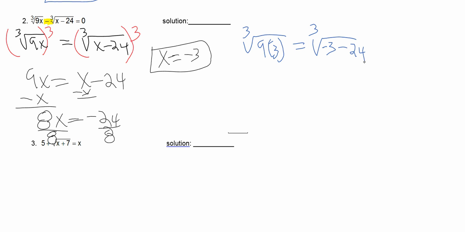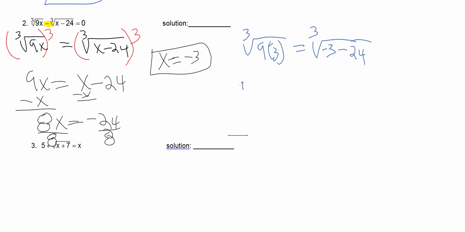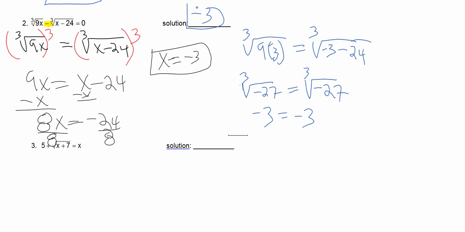And so we get the cube root of negative 27 equal to the cube root of negative 27. Of course, if we solve that, this would equal negative 3, and the right side is equal to negative 3. So negative 3 is our solution.